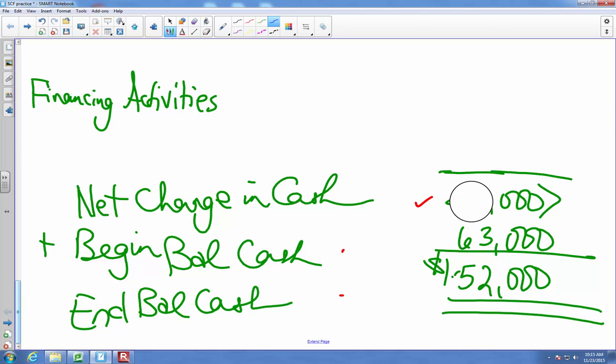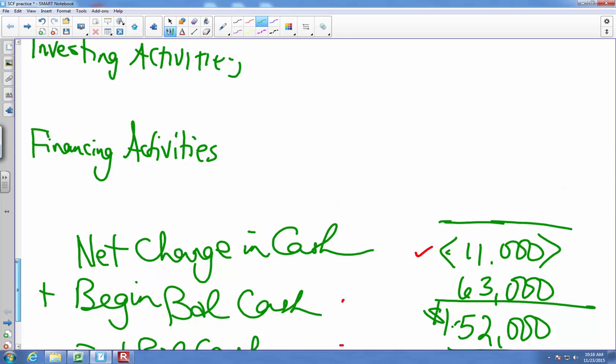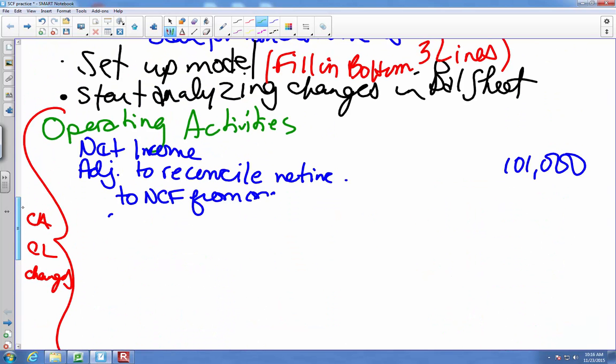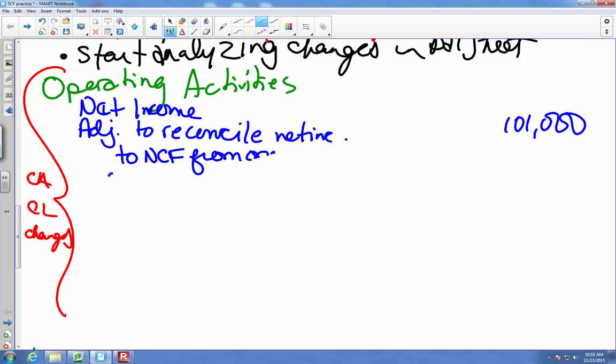A negative 11,000, right? Okay. So now we're just going to start. Oh, and the last thing before we actually start going through the comparative balance sheet is what? Scan. Yeah, scan the P&L for things like depreciation, for any non-cash items.